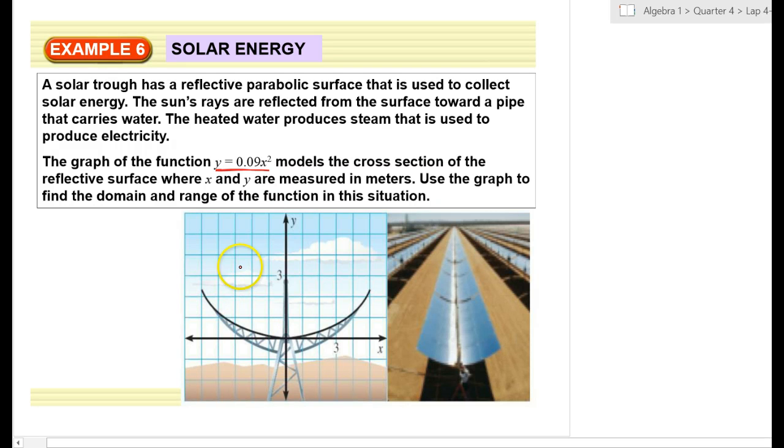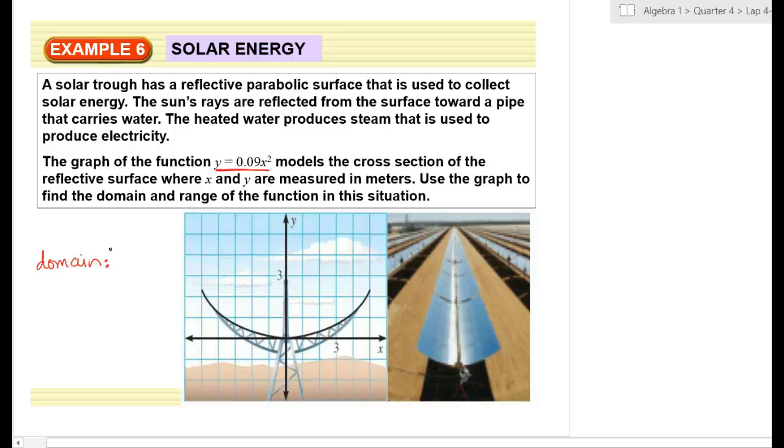Okay, well, here's our graph. It's this black line. So when I use that, my domain, again, is all real numbers, but let's talk about this. This is an actual trough.